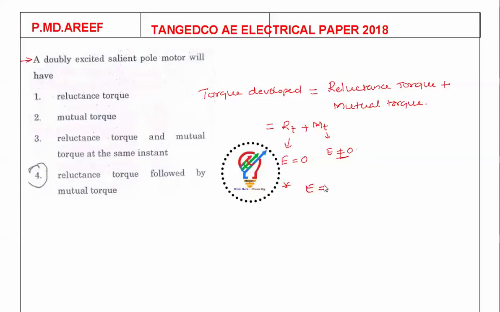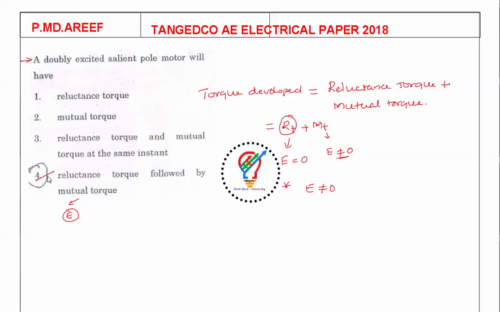The mutual torque depends upon the excitation you are giving, and the reluctance torque is independent of the excitation. That is why even without excitation the machine starts rotating, not at synchronous speed but at lesser speed. So the answer is 4 here.